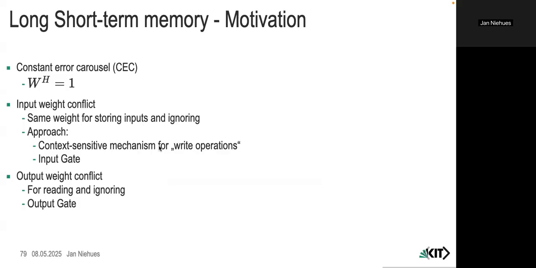And another decision, if we should store it, what information should we store? We are merging these two things. Also for getting information out of the network, it's the same thing. You have one weight which says which information should go out, but you're not separating it into one decision: should we use information from the hidden state and output it? And if we should, which information?